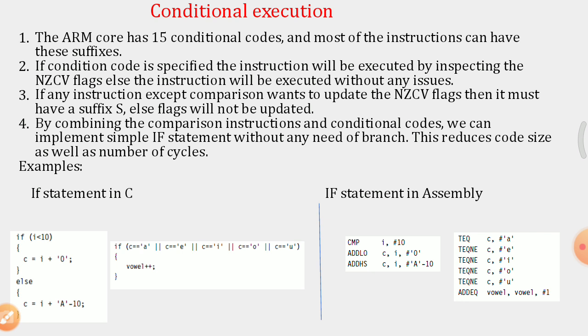Even if this is equal, the next one will not be executed. If it is not equal, the next one will be executed, that is c, I. If c is equal to I, the c, O will not be executed, and if c is not equal to I, c, O will be executed. So it goes on like that.